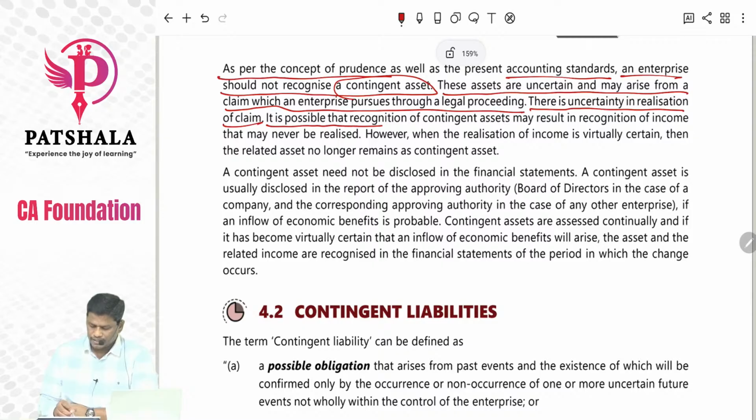It is possible that recognition of contingent asset may result in recognition of income that may never be realized.